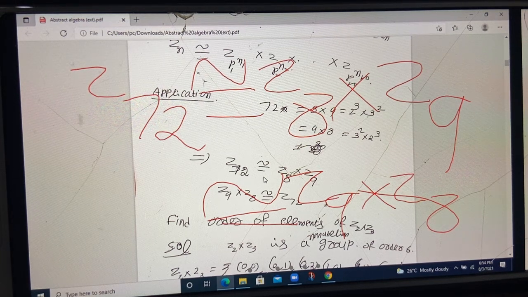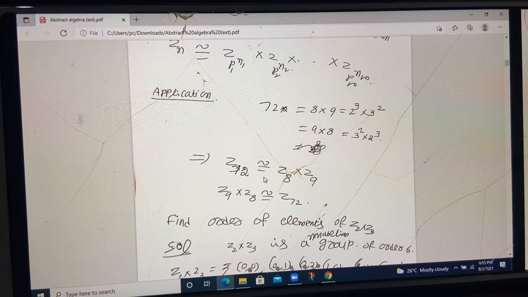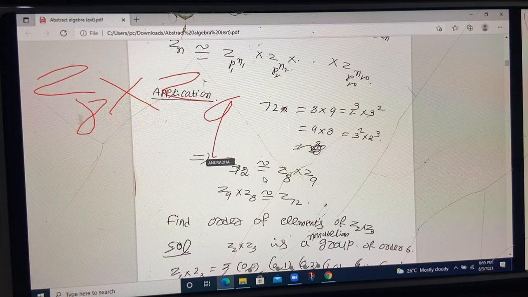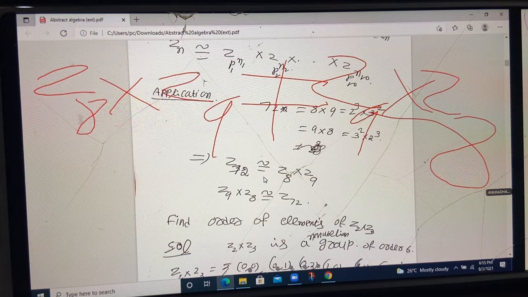But Z8 cross Z9 is not equal to Z9 cross Z8.